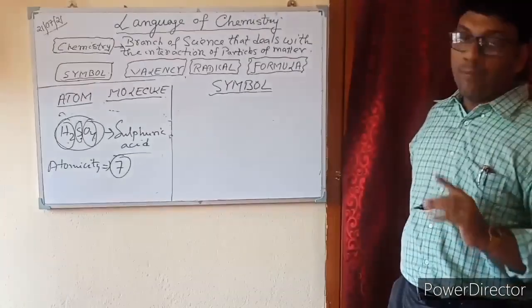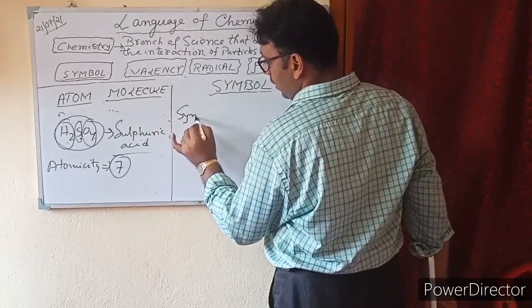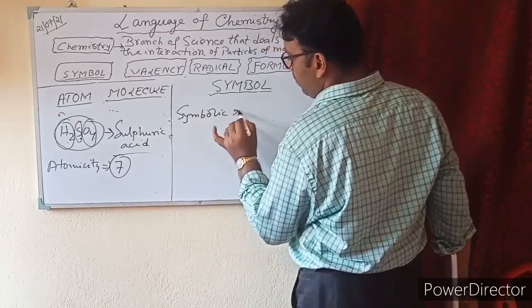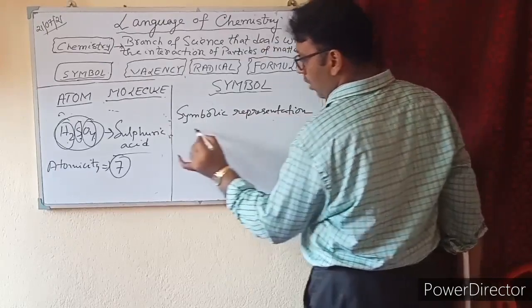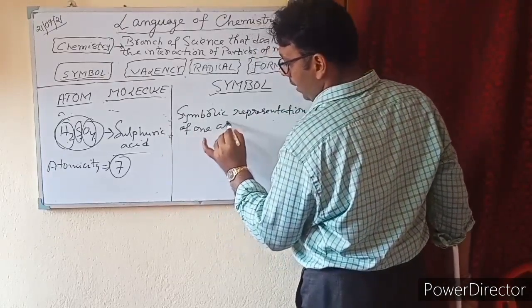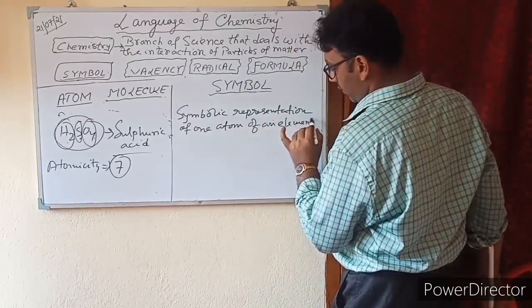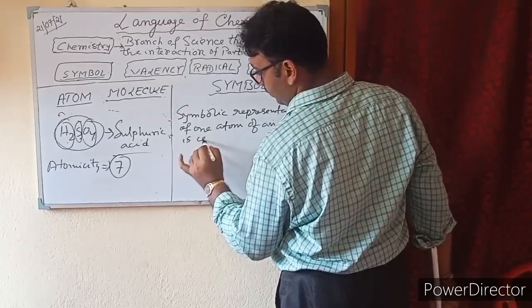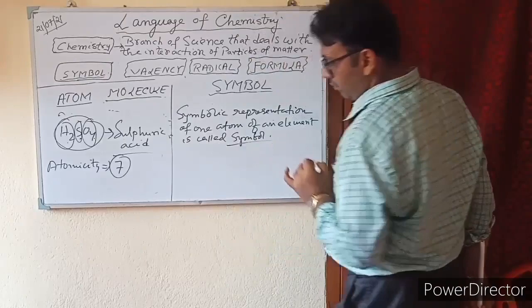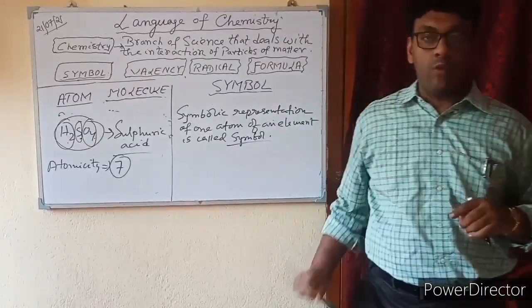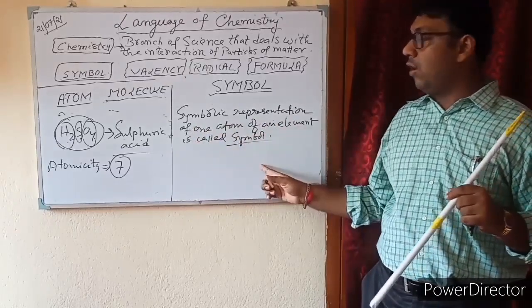First the definition of the symbol: the symbolic representation of one atom of an element is called the symbol.